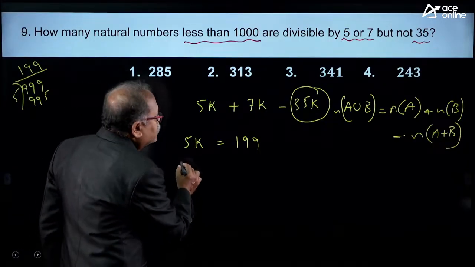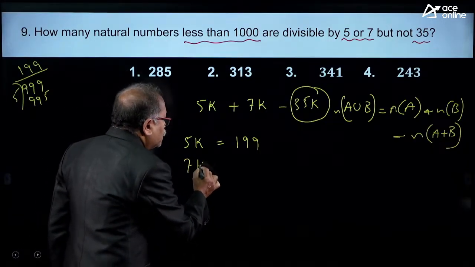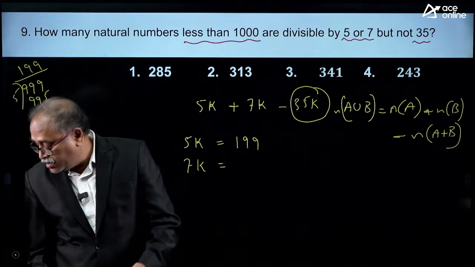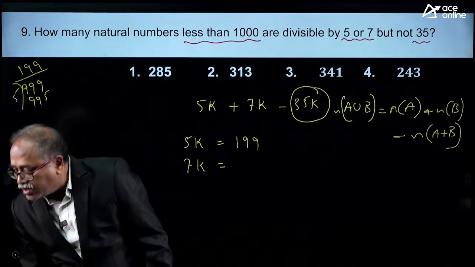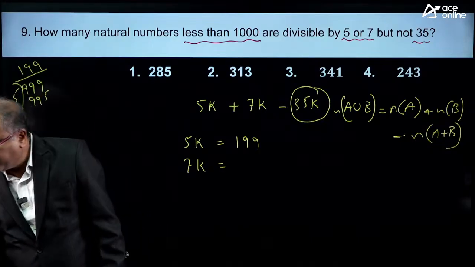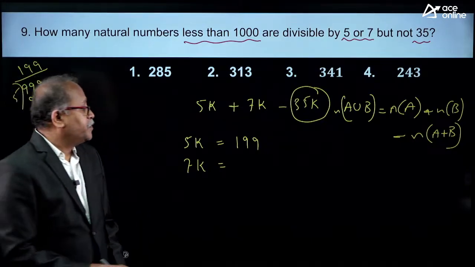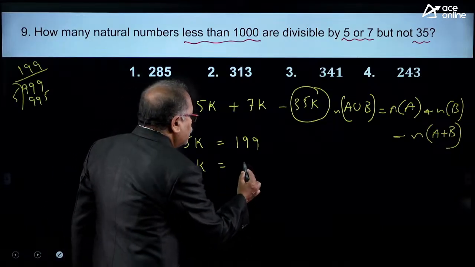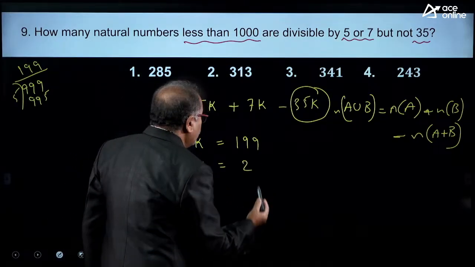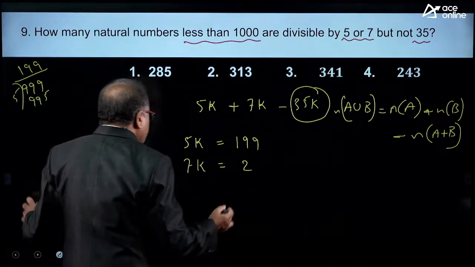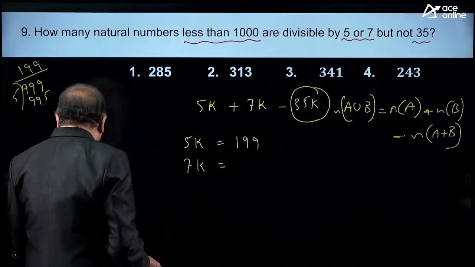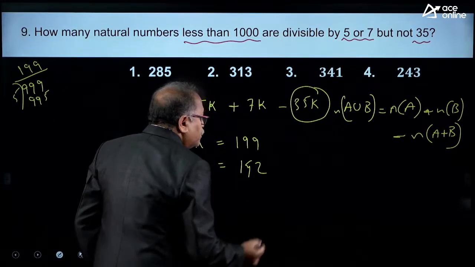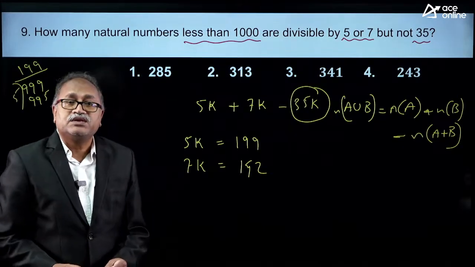Similarly, I will take the 7k. How many numbers are divisible by 7 below 1000? So if anyone can answer the question, I will be more than happy. Come on. So what I noticed over here is there are 142 numbers which are divisible by 7.